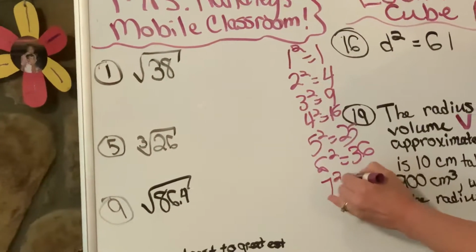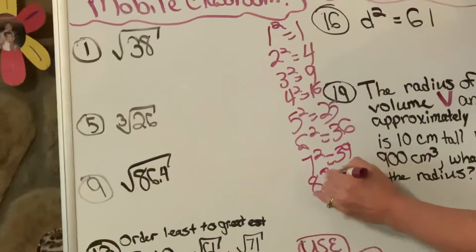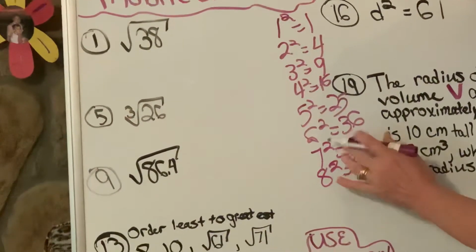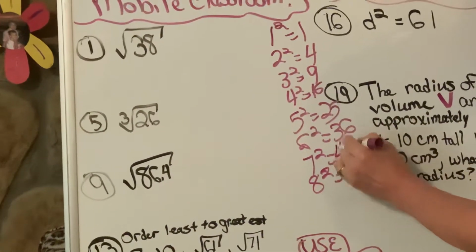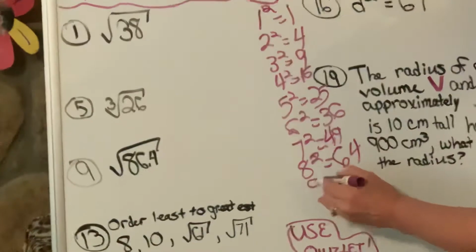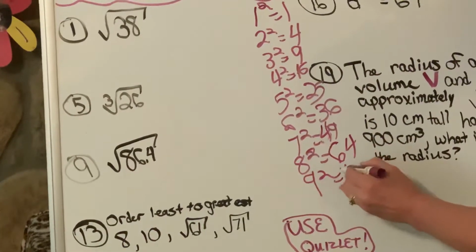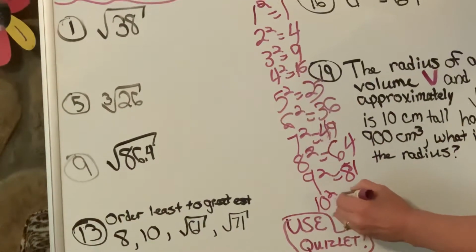And 7 squared equals 49. You know, I mess up in class too. 8 squared equals 64. 9 squared equals 81, and 10 squared equals 100.